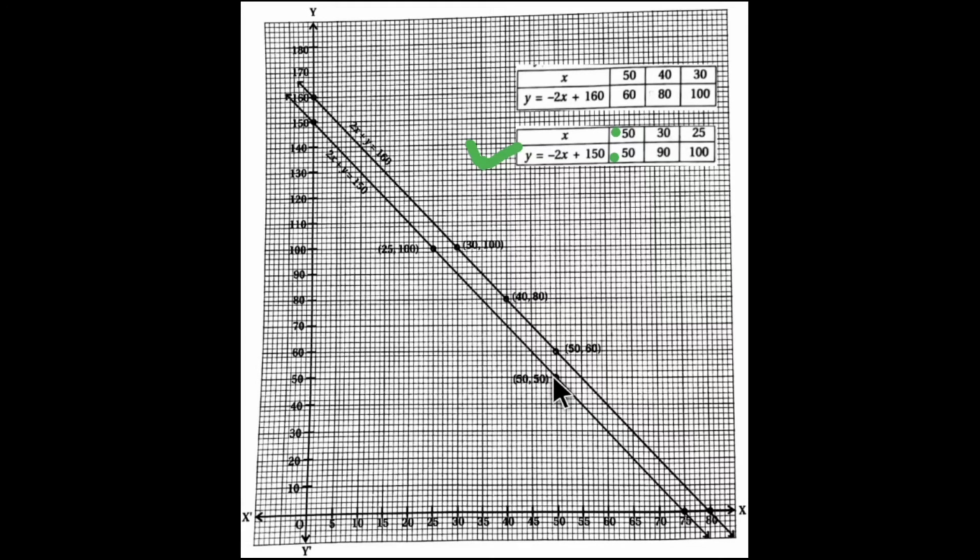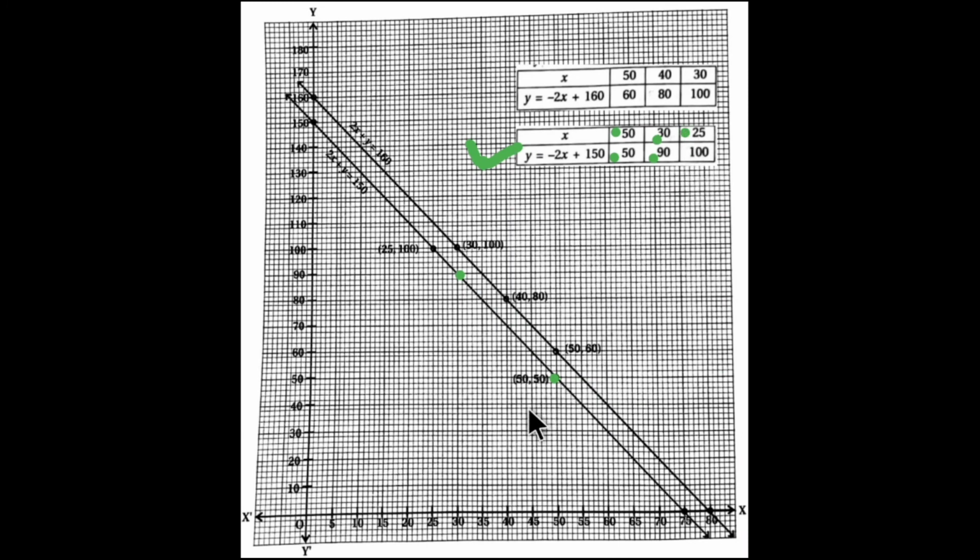So the point is plotted here, and afterward on the x axis 30 and the y axis 90. So we see on the x axis 30, and this point is plotted here, 30 and 90. Afterward, the next third point, 25 and 100.